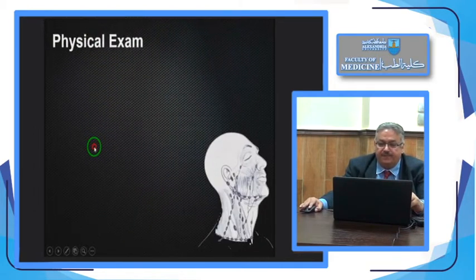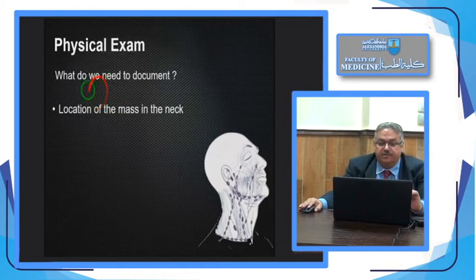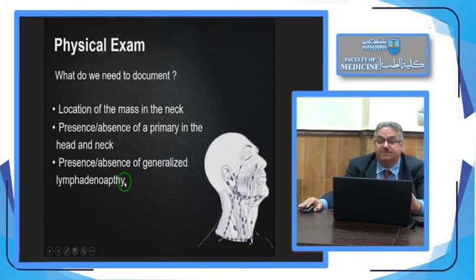So, what is the importance of physical examination? What do we need to document during physical examination? What is the location of the mass in the neck? It's very important. Number 2, the presence or absence of a primary in the head and neck region. So you need to identify whether there is a primary in the head and neck region or not. Number 3, the presence or absence of a generalized disease, like generalized lymphadenopathy, and hence this highlights the importance of general physical examination.